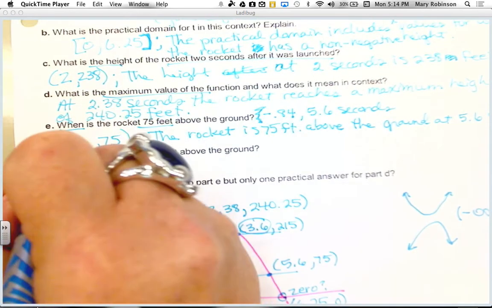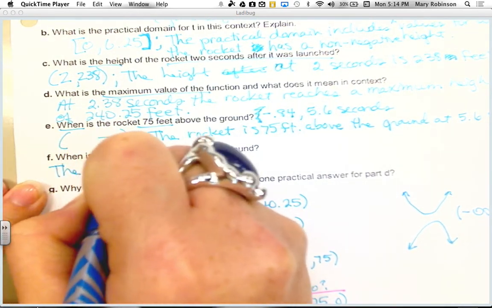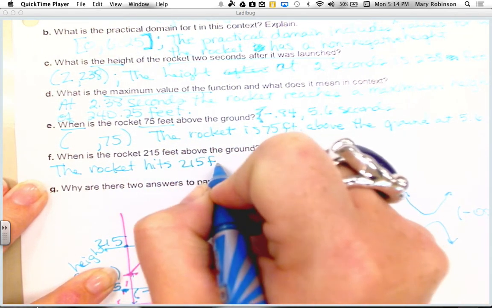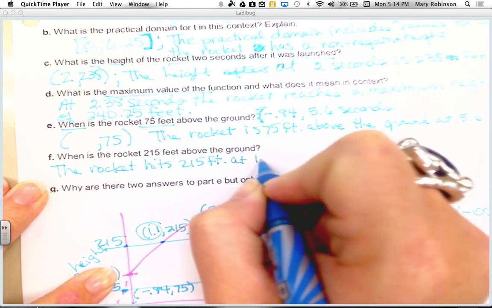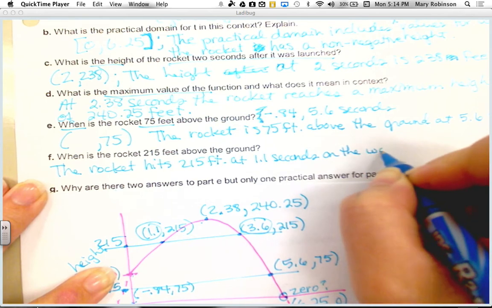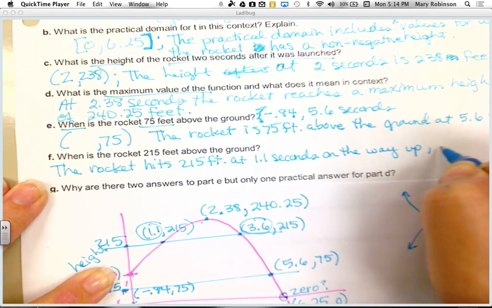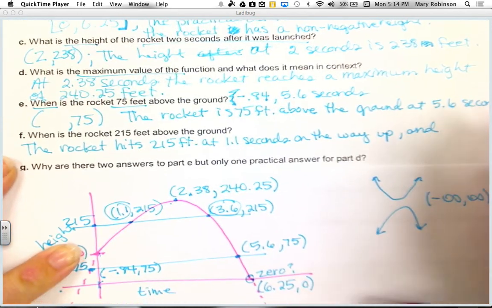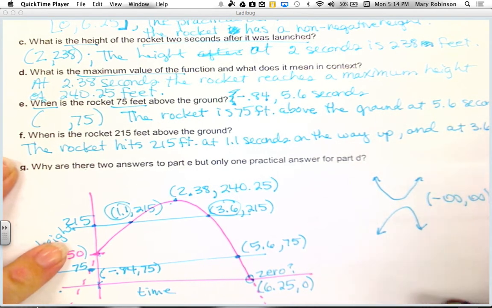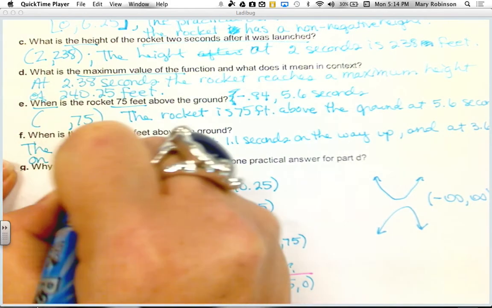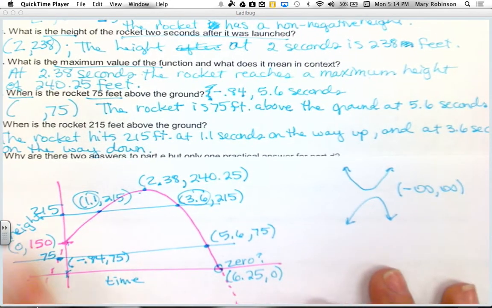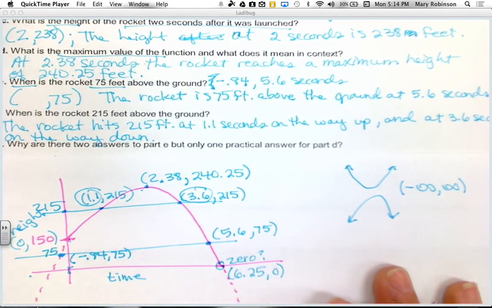So I would say the rocket hits 215 feet at 1.1 seconds on the way up, and at 3.6 seconds on the way down. So kind of show me that you understand what the rocket is doing, the path of the rocket there.